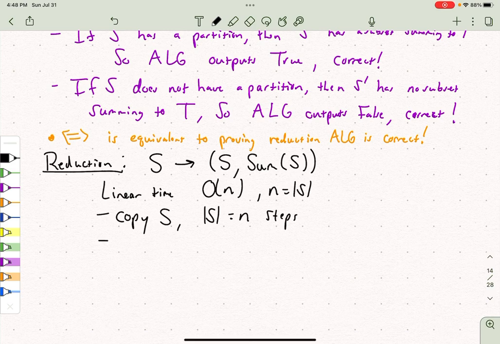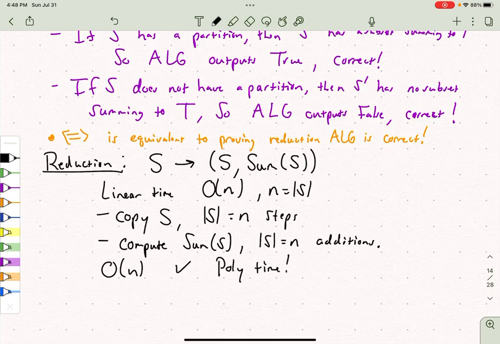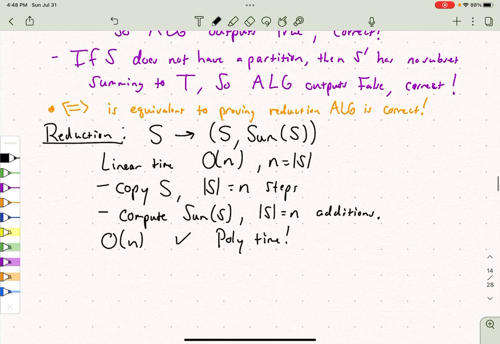And then we also have to compute the sum. And clearly, that's just going to take n additions. So overall, it's O of n. And so that's obviously polytime. Linear is the best we could possibly do.